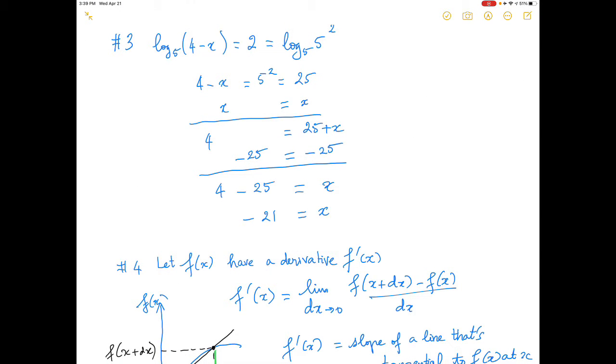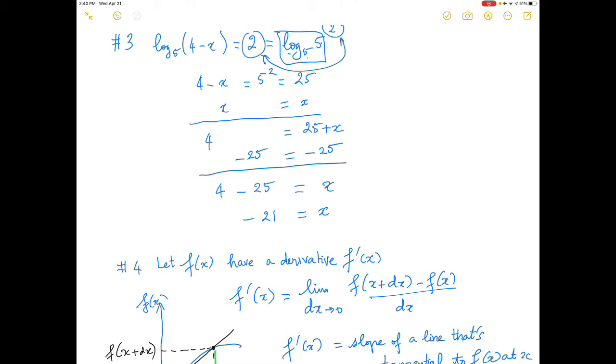As we talked about last time, anytime that you have a number, you can feel free to write it as log base something of that base raised to that same number. So this number 2 here is retained, and I can write log base 5 of 5 raised to the power of that same number.